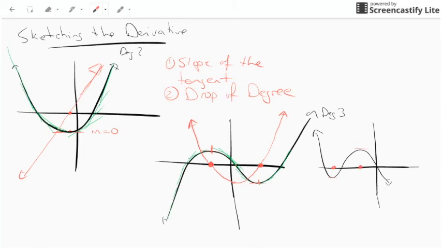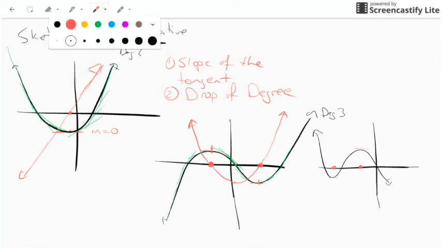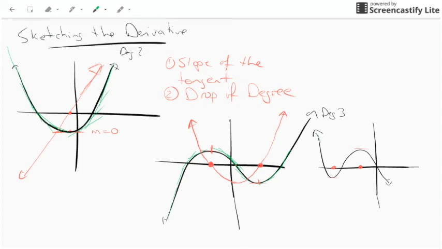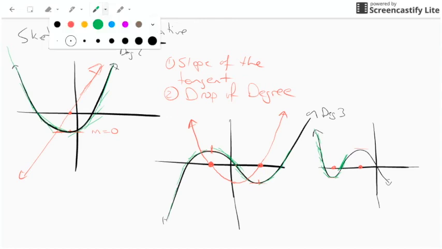Along this portion right here, the slopes of the tangent lines are negative, but they're getting larger. They're getting closer and closer to 0 here. So like -10, -5, -2. They are actually increasing until I get to 0. Beyond that, the slopes are now positive and increasing, but then we get to this maximum value of the slope, and then the slopes start to decrease again.